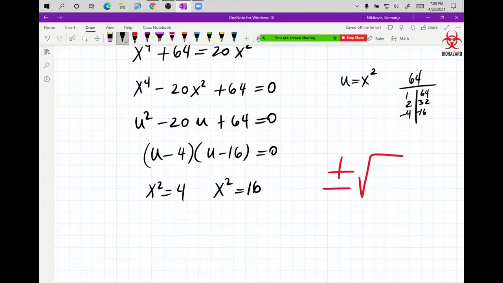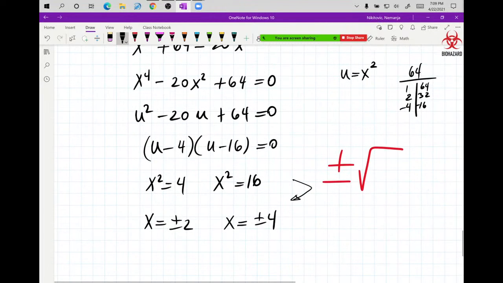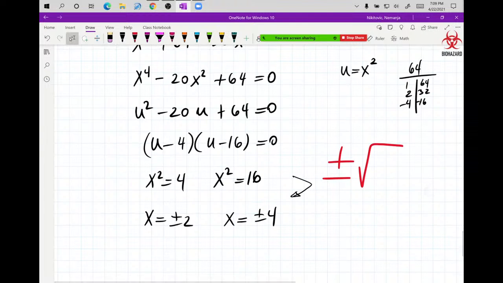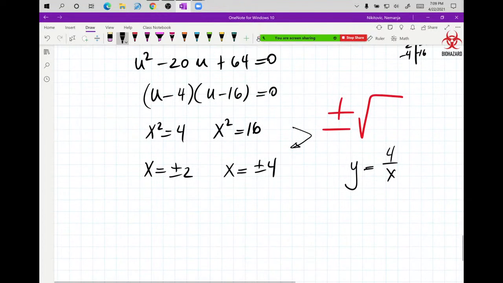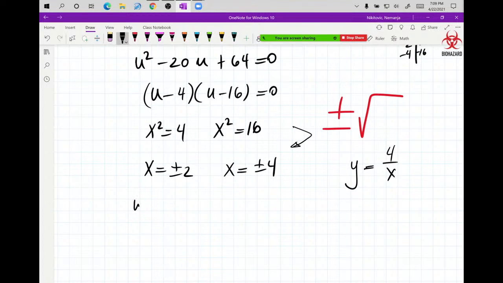I have to do that because you need plus or minus 2, and this x is plus or minus 4. So those are our x's. Now remember that y was equal to 4 over x. So y is 4 divided by plus or minus 2, which is plus or minus 2.